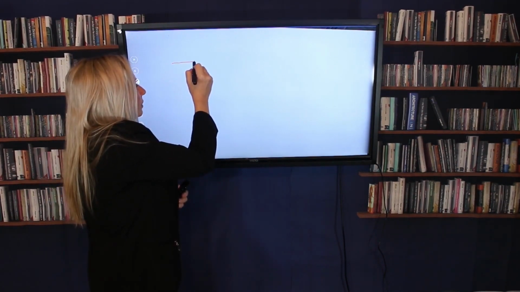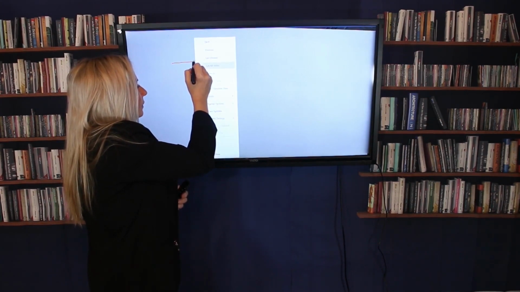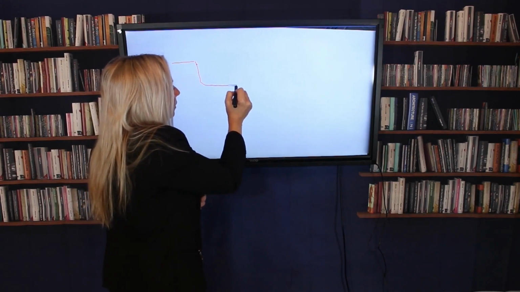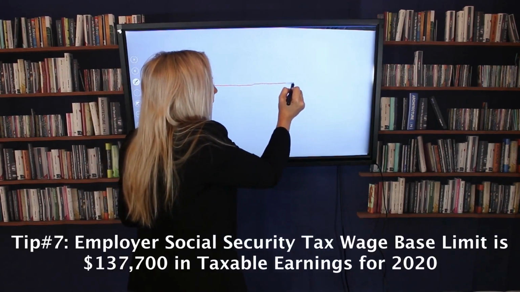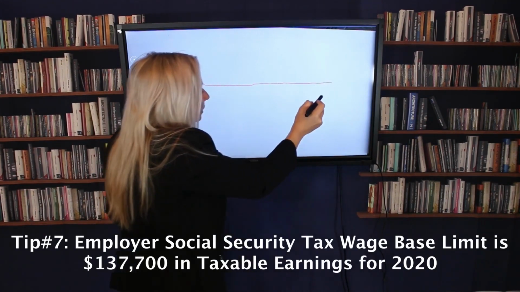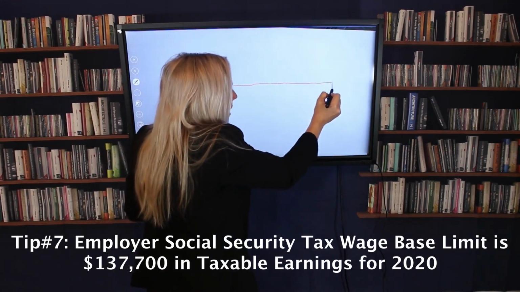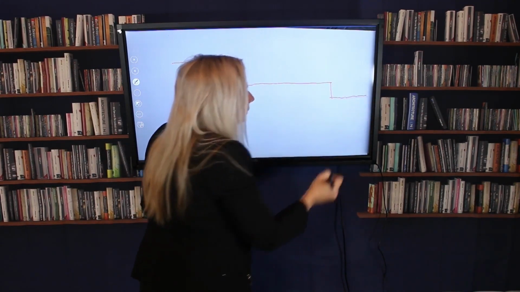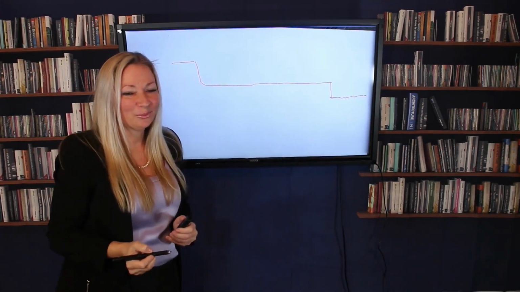Then, once those 2 smaller taxes are met, her total cost drops down to labor plus Social Security tax, and once she's met that Social Security tax threshold, her cost drops again. And now her total cost is only wage per hour.